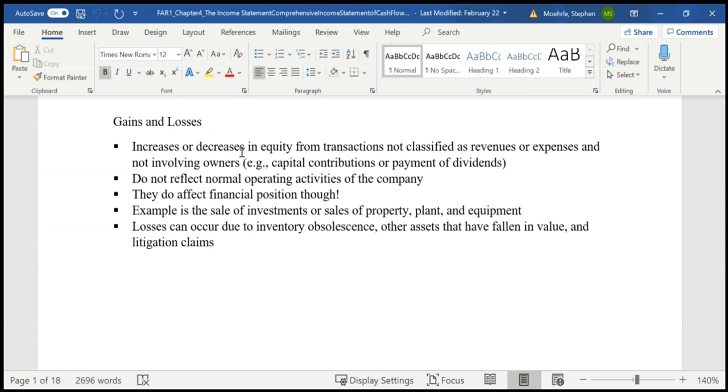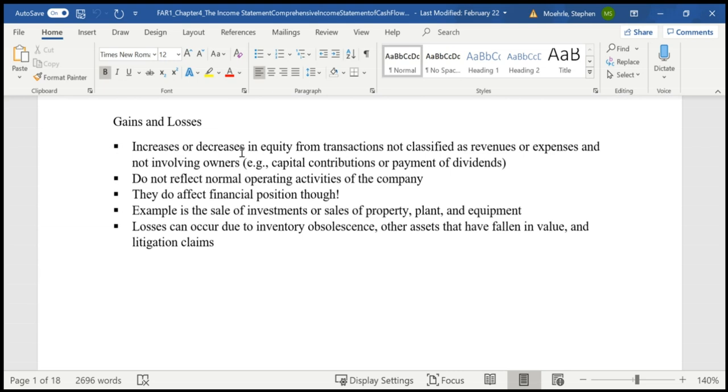Here, these are not the very nature of the activities of the business. Like, for example, Target's primarily in the business of selling you the goods on the shelves. Those are the revenues. But a gain would be if they sold one of their buildings.